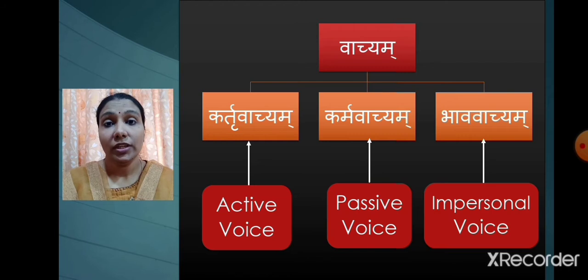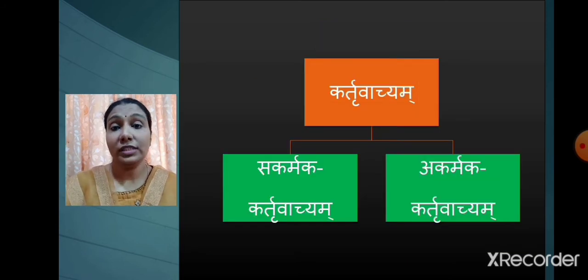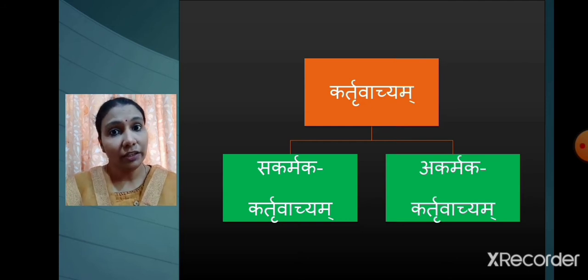We have learnt that there are three kinds of Vacham: Kartruvacham, that is active voice; Karmavacham, that is passive voice; and Bhavavacham, that is impersonal voice. And we have also seen that there are two types of Kartruvacham: Sakarmak Kartruvacham and Akarmak Kartruvacham, that is transitive active voice and intransitive active voice.